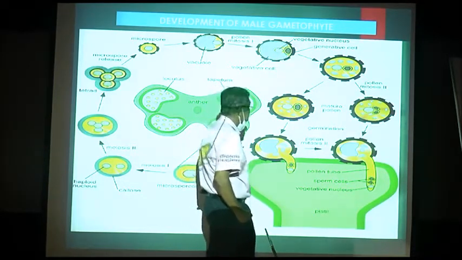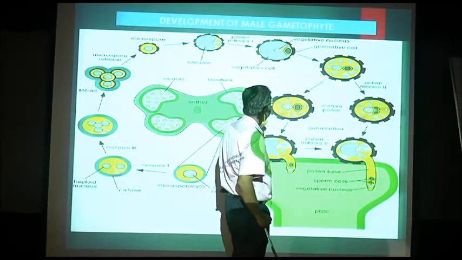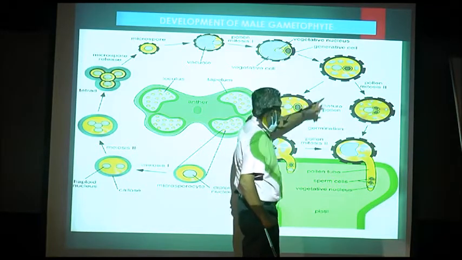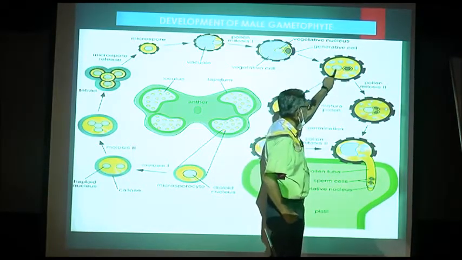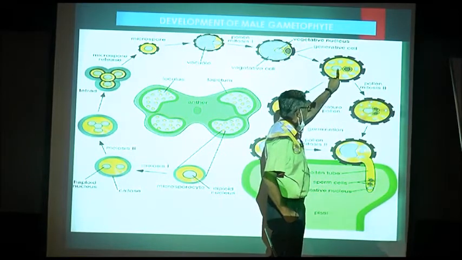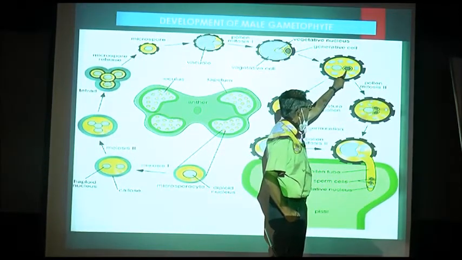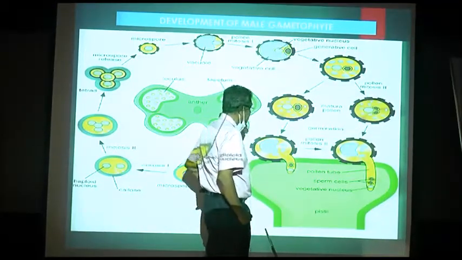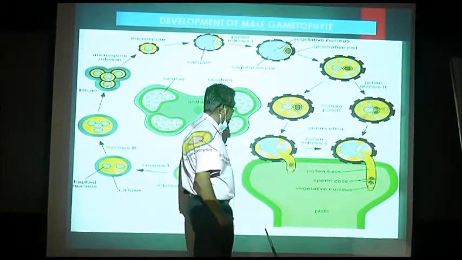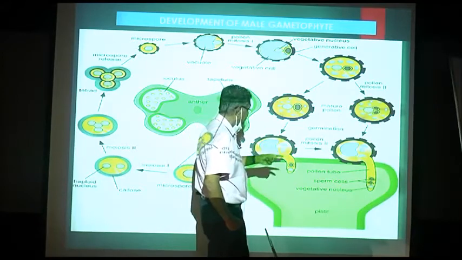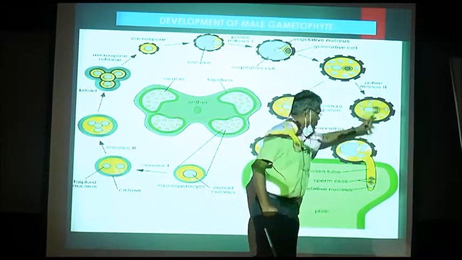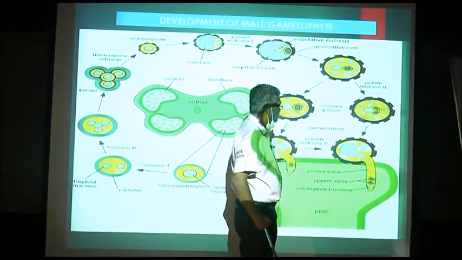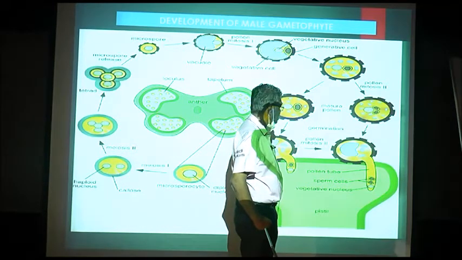Now the vegetative cell and generative cell release the nuclei into the cytoplasm. This is the vegetative nucleus which develops into tube nucleus, and this is the generative nucleus. The generative nucleus divides mitotically into 2, and these 2 are male nuclei.